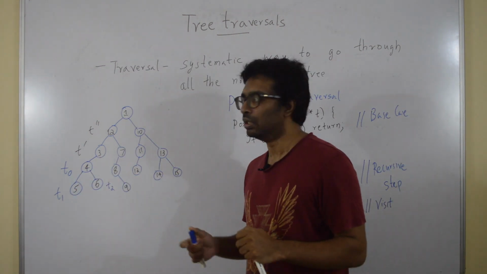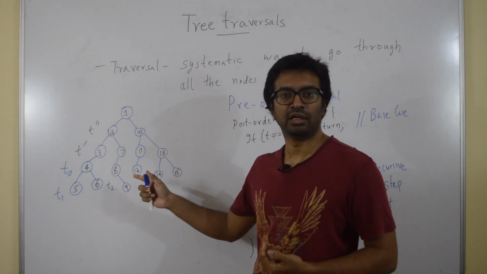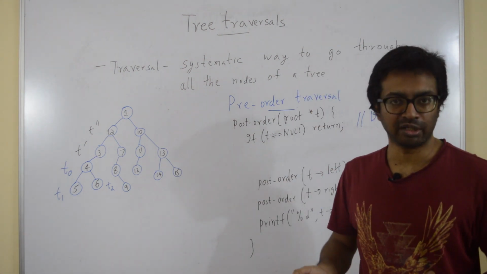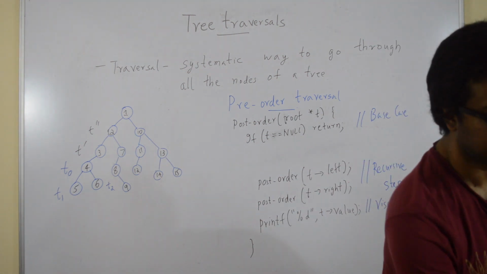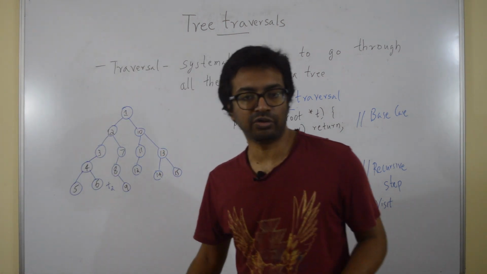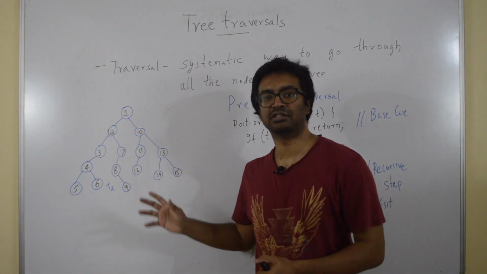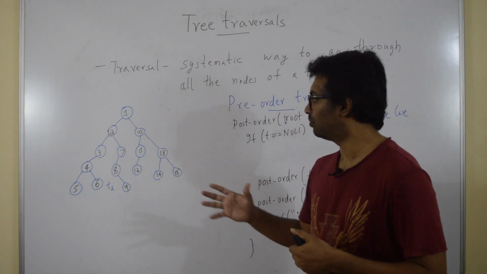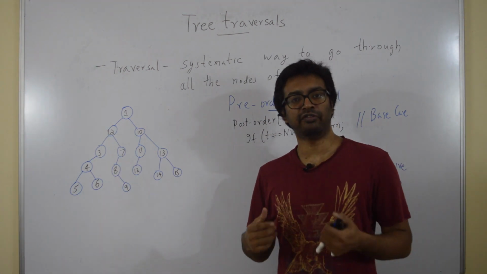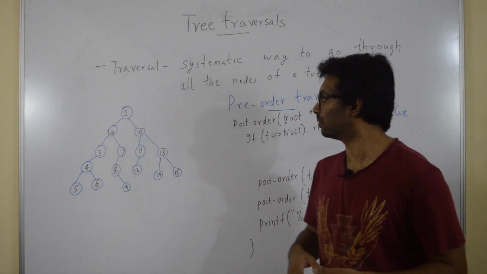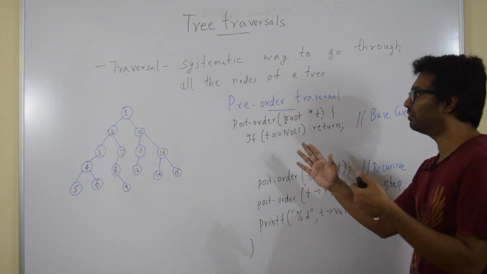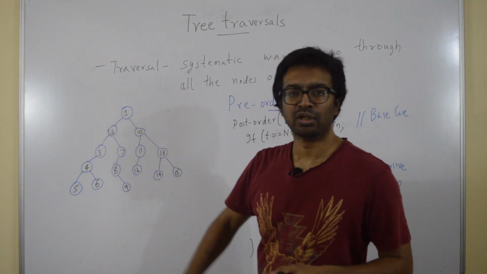Can you traverse this tree and print the values of the nodes in post-order fashion? Let's do that. Post-order is called with the root node, which has 1.